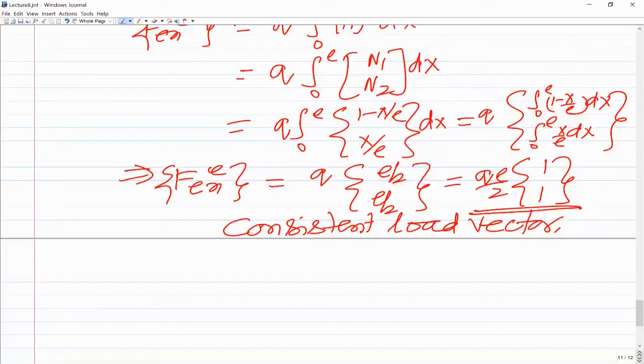So in this case, this is the element, and this is the first node, and this is the second node; these are the local node numbers.